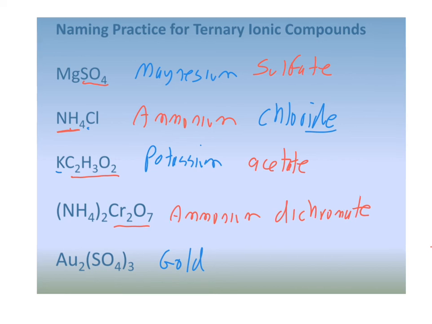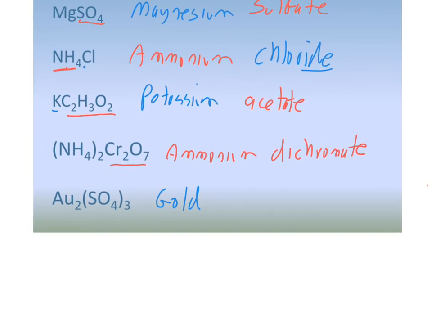Let me slide this up so I can get a little working room here. Remember, the sulfate, I'm going to go ahead and write this down since we bothered to look it up, and then we'll figure out what the oxidation number is for the gold and add those parentheses in.